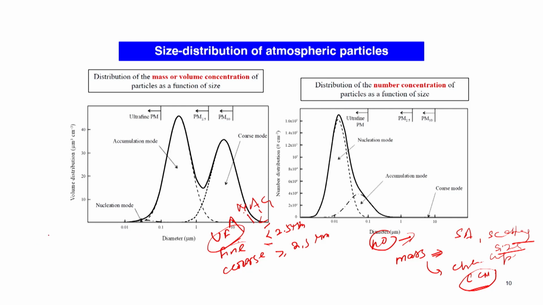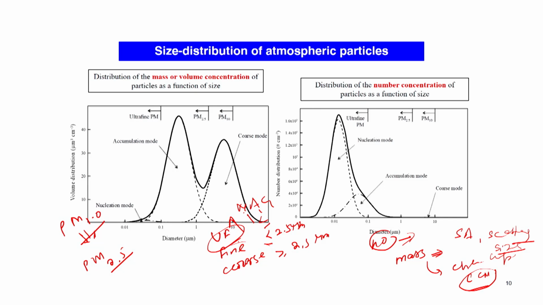There is another thing that you have to consider here. Nowadays PM 1 is also called fine mode particles. So if somebody asks whether PM 2.5 is fine mode or PM 1 is fine mode, actually both are fine mode particles. There is no very strict criterion here. You can always argue that if PM 2.5 is called fine mode, then what will PM 1 be called?